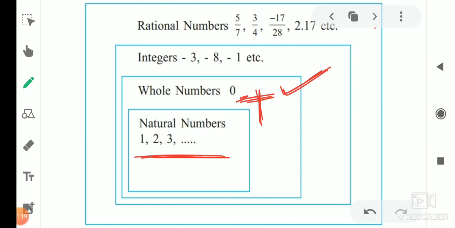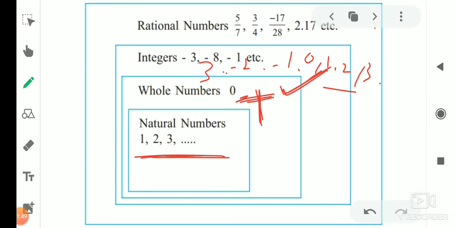Now integer numbers are the numbers that contain 0, then positive numbers and negative numbers. It means that all the whole numbers and all the natural numbers are contained in the integer numbers. So integers are a bigger group than the whole numbers and natural numbers.